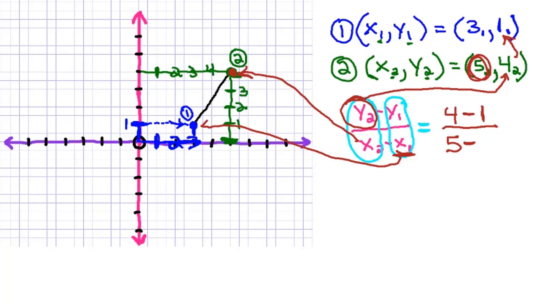And the x1 value is 3. So then we just do the subtraction. 4 minus 1 is 3 over 5 minus 3 is 2. So our slope is 3 over 2.